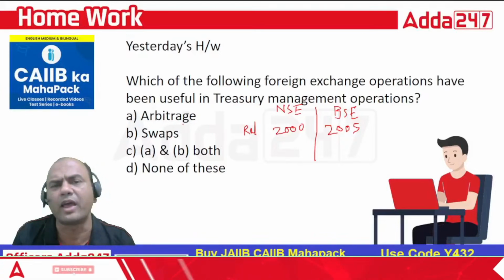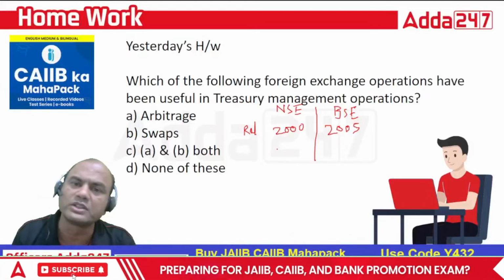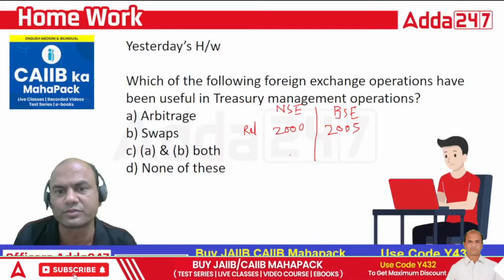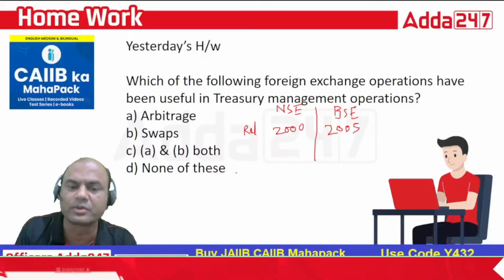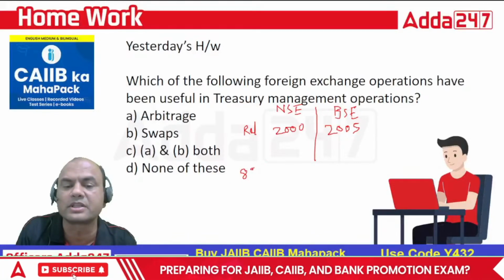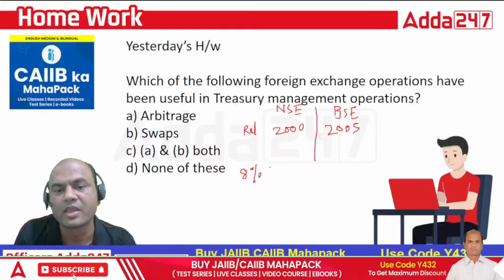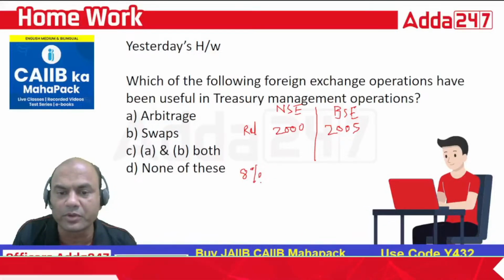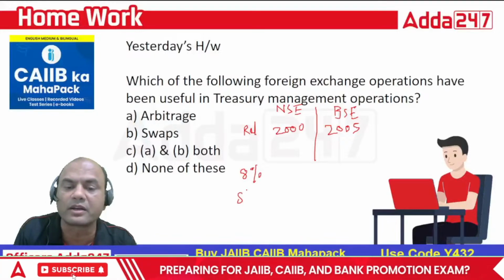What about swaps? See this, the logic is very simple. One leg is fixed, one leg is floating. For example, suppose I tell you, I'll pay you 8% rate of interest, compulsory. Give me 1 lakh rupees. So this leg becomes fixed. What will I do with that 1 lakh rupees? I'll take it from you and invest in, let's say, the stock market.